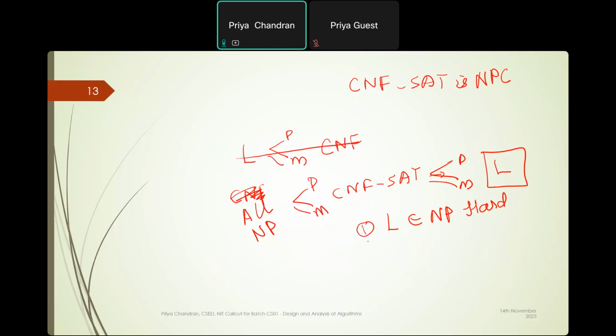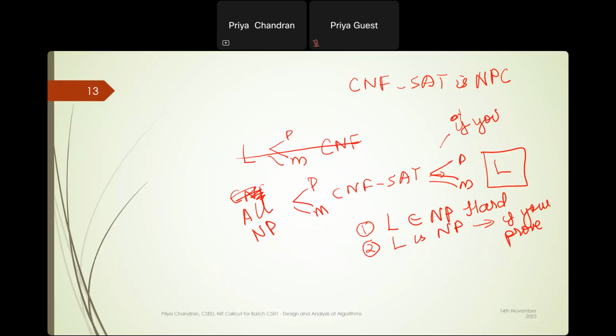And if you are also able to prove that L is in NP, then L is NPC. So that is how you can add more and more problems to the NP complete class.